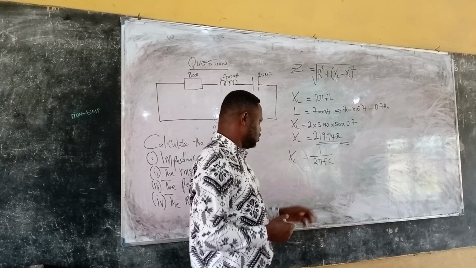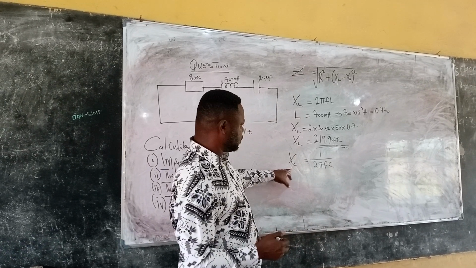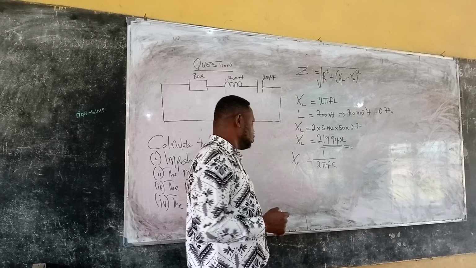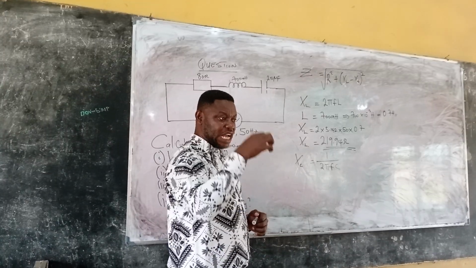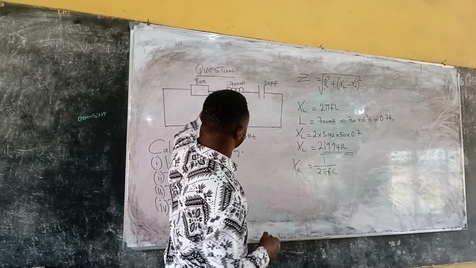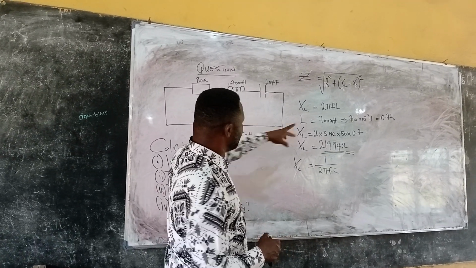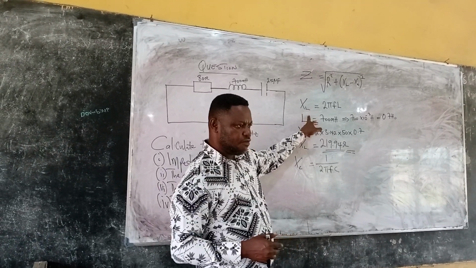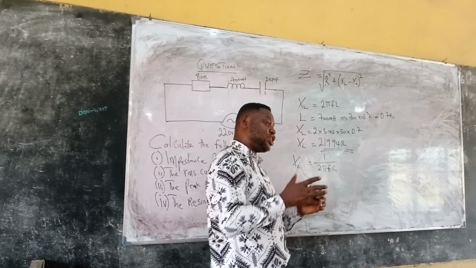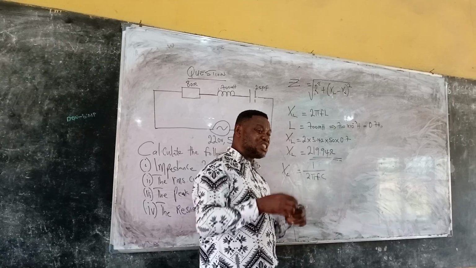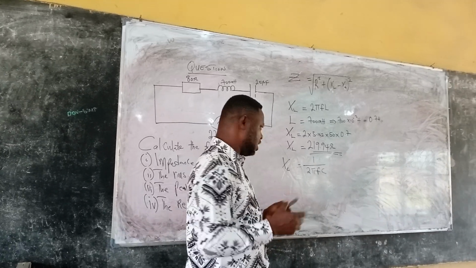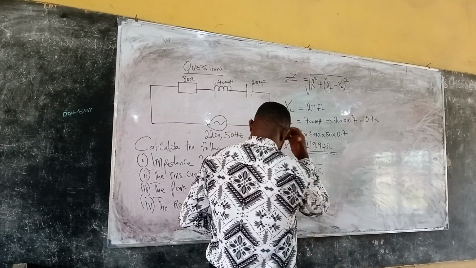Capacitive reactance is the opposition to changes in voltage by the capacitor, while inductive reactance is always the opposition to changes in current.